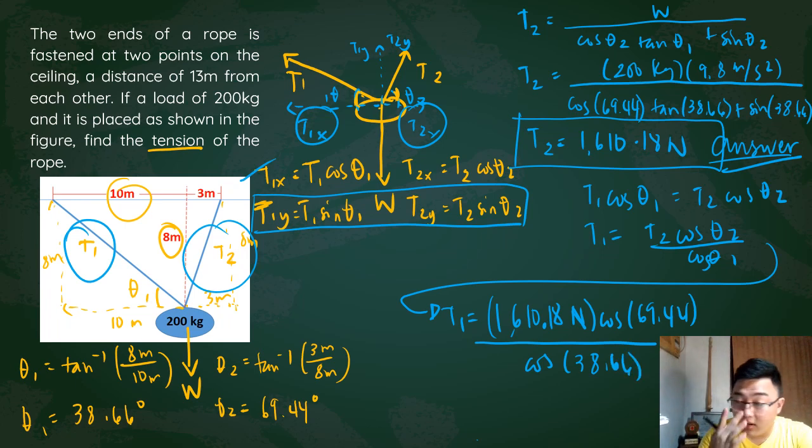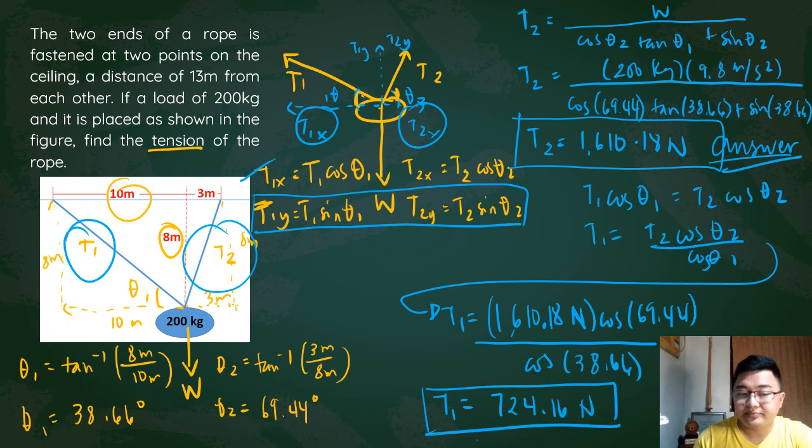If this is our equation, and you input that in your calculator, then T1 will be equal to 724.16 newtons. So therefore, tension 1 exerts a force of 724.16 newtons at 38.66 degrees, and tension 2 exerts a force of 1610.80 newtons at 69.44 degrees.